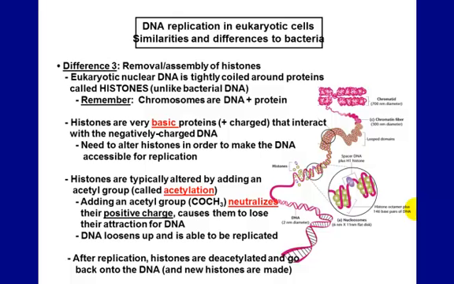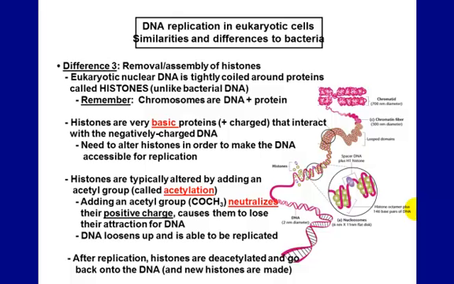This is an acetyl group. So you have this acetyl group, and these acetylases are going to get to the histones, add this group in there and make them less positively charged. It's going to make them neutral. So now you can start to unwind the DNA out of it, and then you can start your polymerization, your replication.